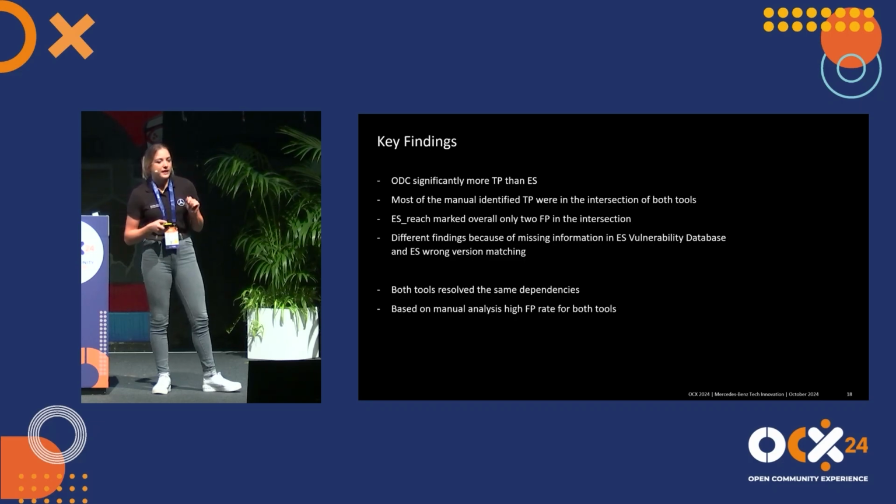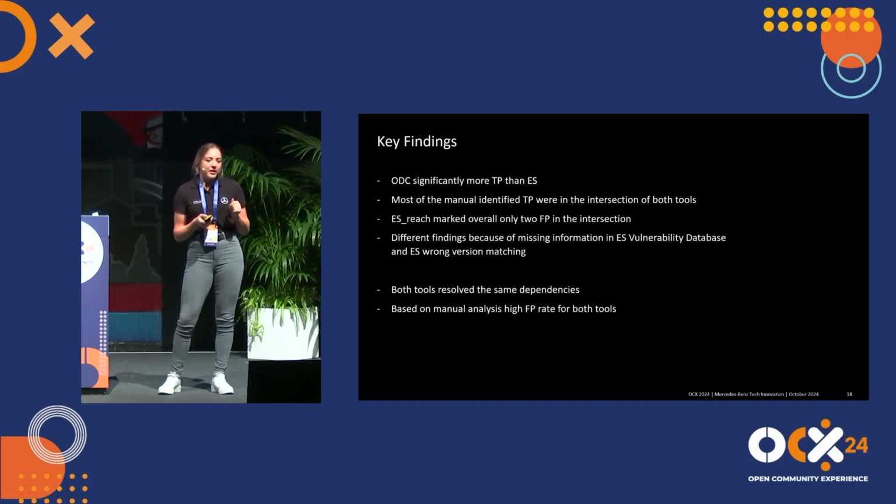We also could see that the Eclipse reachability analysis marked most vulnerabilities as unreachable out of the Eclipse Steady only part, not of the intersection. And we found that the differences of the findings were because of the missing information in the Eclipse Steady vulnerability database and because of the failed version matching.